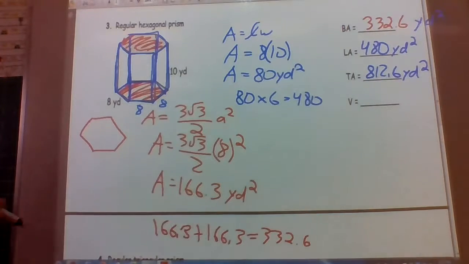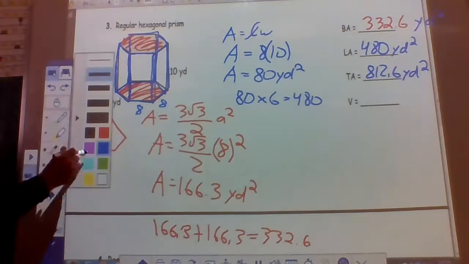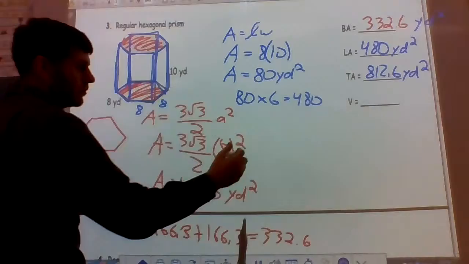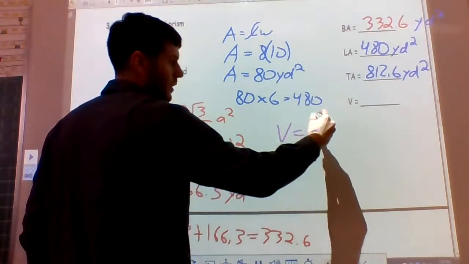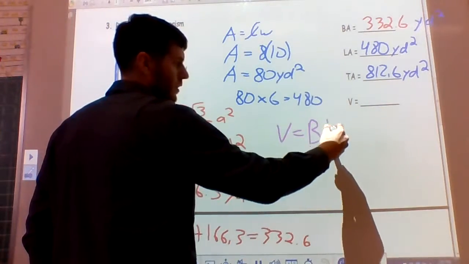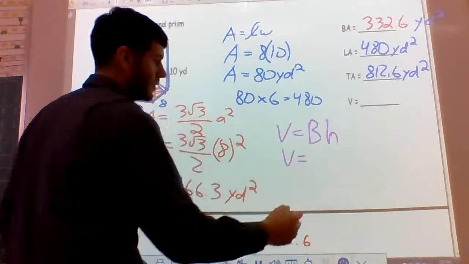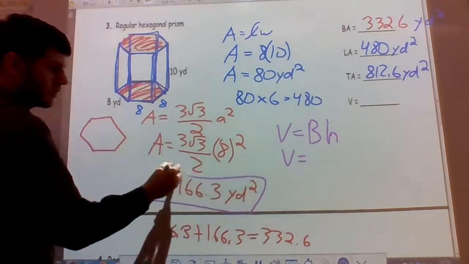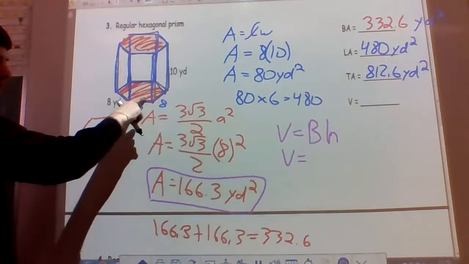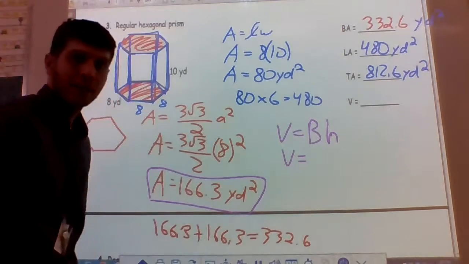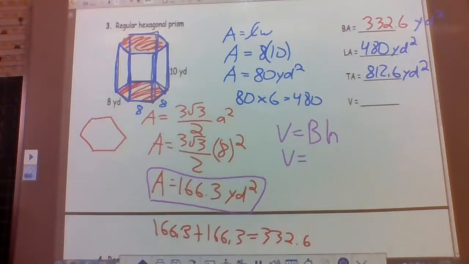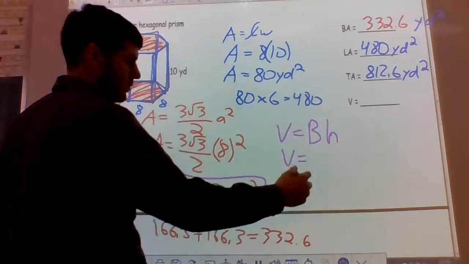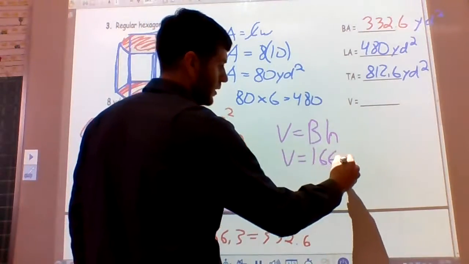And then our last part is volume. The volume for a prism is the base area times the height. Our base area was 166.3. This was the area of one base, the area of the bottom. So imagine a hexagon-shaped pool. You have to find the area of the bottom of the pool. We found it to be 166.3.